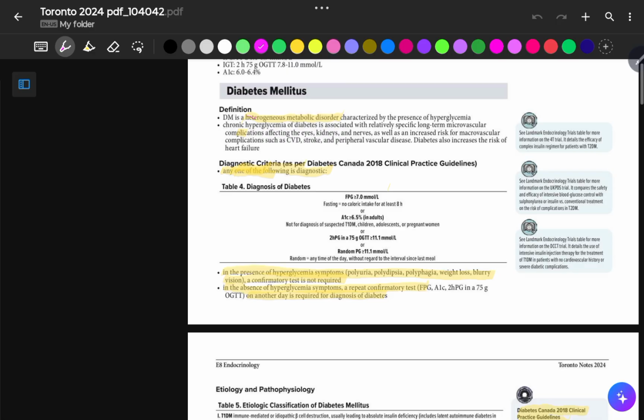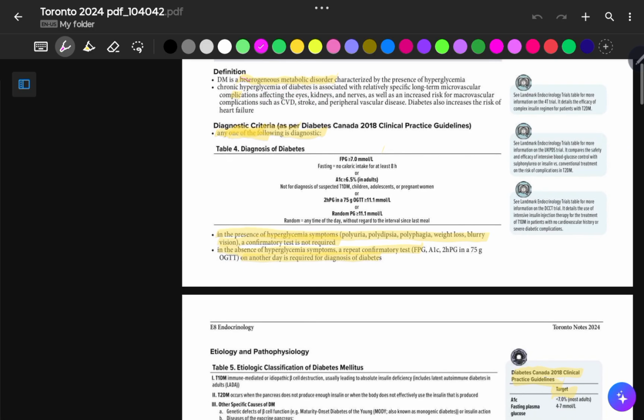The chronic hyperglycemia of diabetes is associated with relatively specific long-term microvascular complications affecting the eyes, the kidneys, the nerves, as well as increased risk of macrovascular complications. Your macrovascular complications are cardiovascular disease, stroke, and peripheral vascular disease. Diabetes also has an increased risk of heart failure. So a lot of sugar affects everything: your eyes, your kidney, your nerves, your brain.